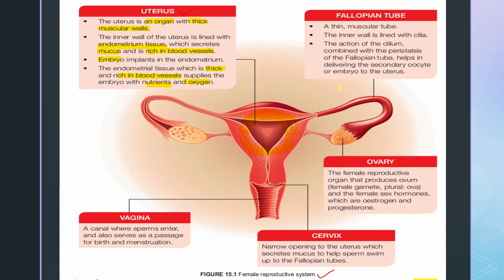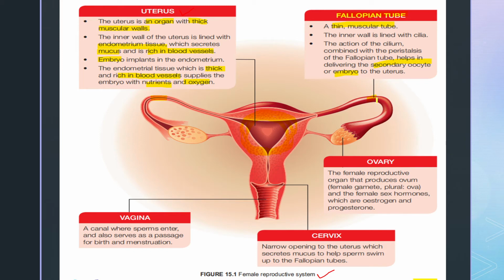Next one, let's look into the fallopian tube. There are two, the left side and the right side, and it's a thin muscular tube where the inner wall is lined with cilia. The action of the cilia combined with the peristalsis of the fallopian tubes helps to deliver the secondary oocyte, or the fertilized embryo, to the uterus.